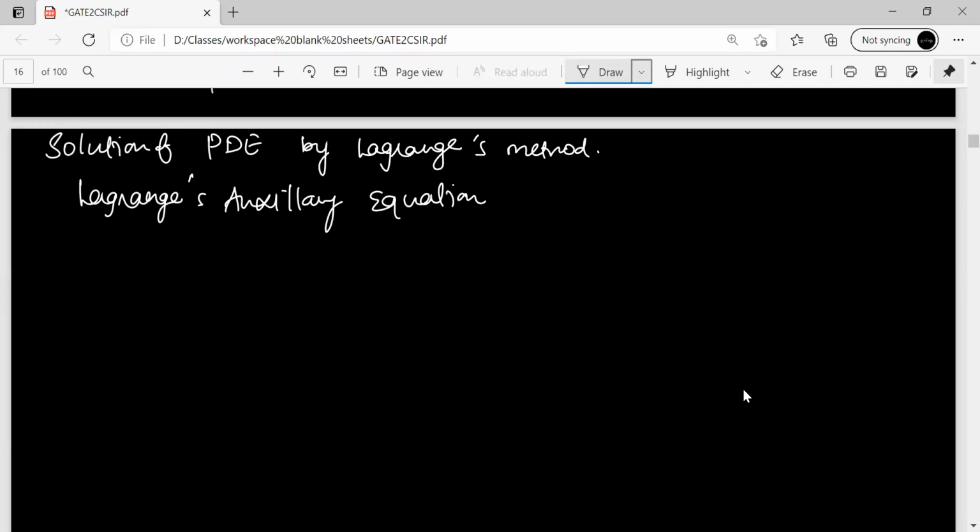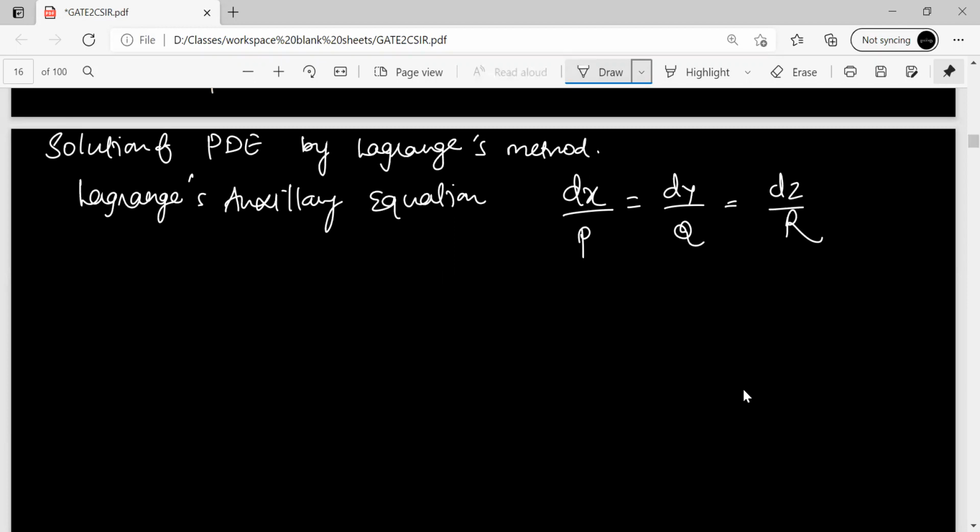The Lagrange auxiliary equation is basically this: dx over P equal to dy over Q equal to dz over R. Then we have to solve this as a system of differential equations. Basically, it will become an ODE, and then we have to solve that ODE. We will get the solution.